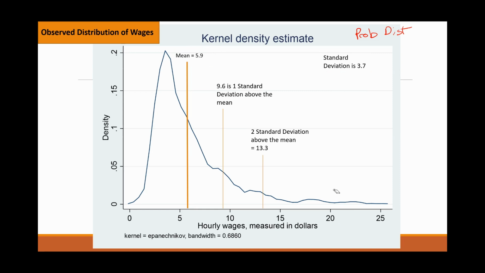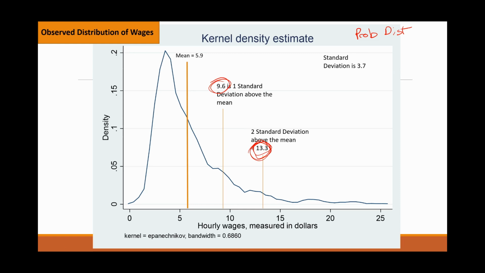So if you look at this distribution, this is the distribution of wages. We saw this in the last video. One thing that you'll notice is as values of the wage variable get further away from the mean, they also become less likely. So for example, it is much less likely to find a value around 13.3 than it is to find a value around 9.6.